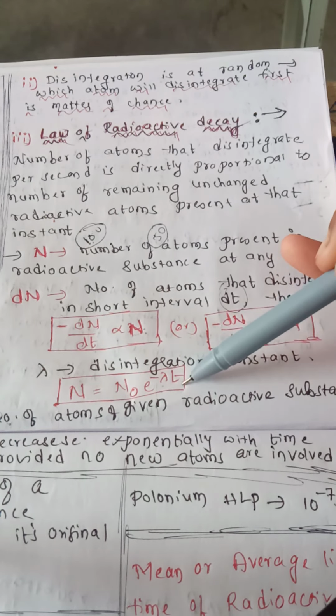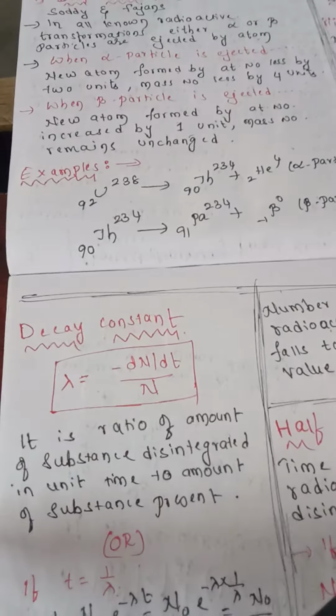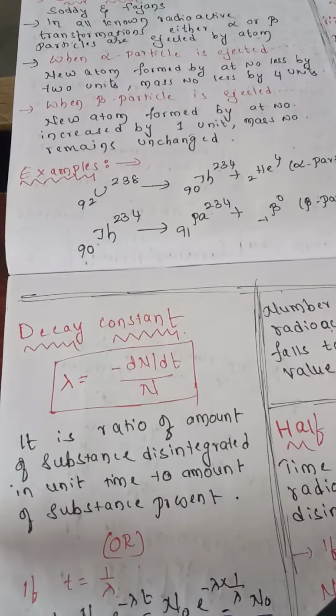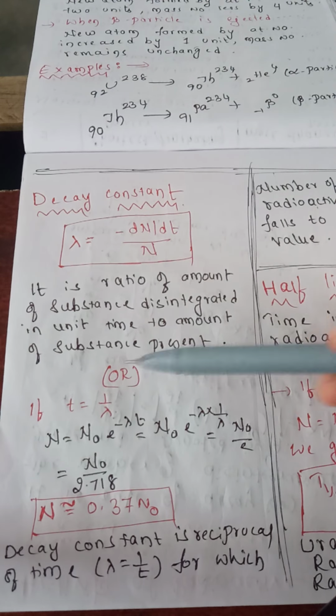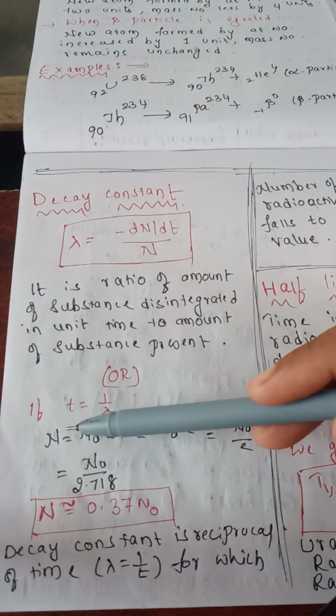Now let us define the decay constant. From minus dN by dt equal to lambda N, we write lambda equal to minus dN by dt divided by N. That is the ratio of the amount of substance disintegrated in unit time to the amount of substance present at that instant. Or we can also define the decay constant as follows: if we assume t equal to 1 by lambda, we get N equal to N naught e to the power of minus lambda times 1 by lambda.